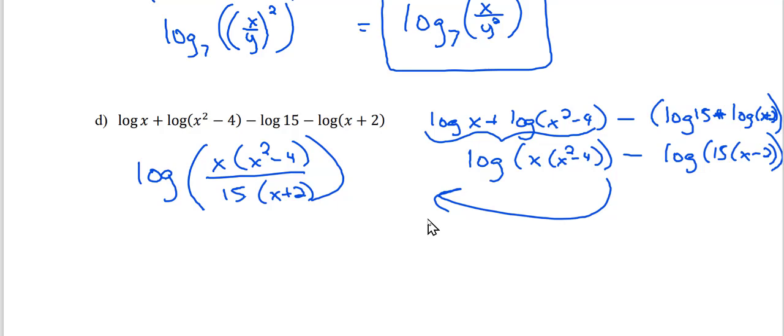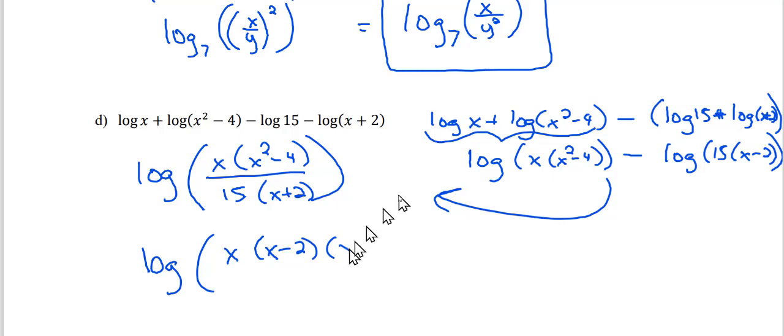Okay, I'm not done though, because I want to simplify this as much as I can. X squared minus 4 factors into (x minus 2) times (x plus 2). We have 15 times (x plus 2).